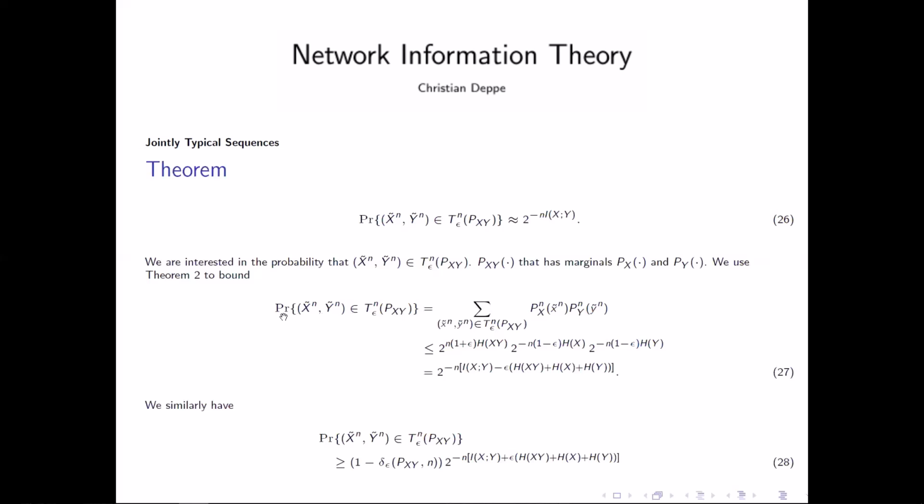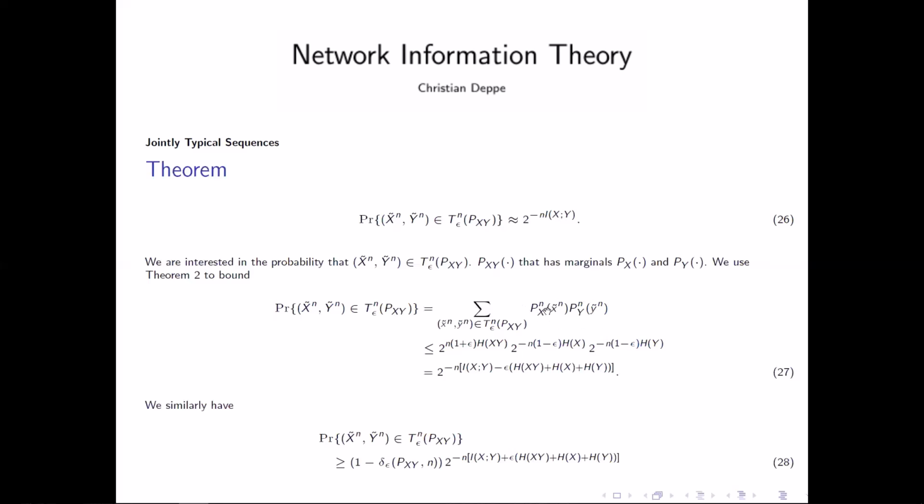Therefore, we write the probability that (X tilde n, Y tilde n) is jointly typical. We can write it as a sum over all jointly typical sequences of P_X^n(x^n) and P_Y^n(y^n). We can do this because they are independent.